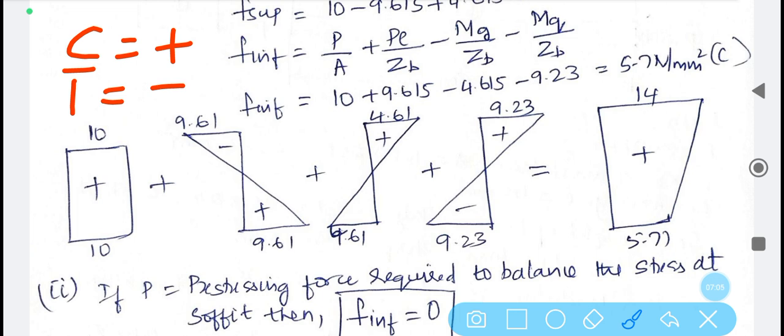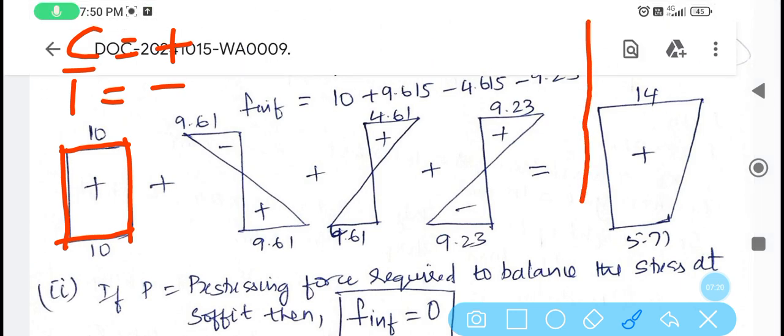Since the direct stress we have obtained is plus 10, and compression is always taken as positive, let us draw a reference line. So here at the right top corner I am taking one reference line.